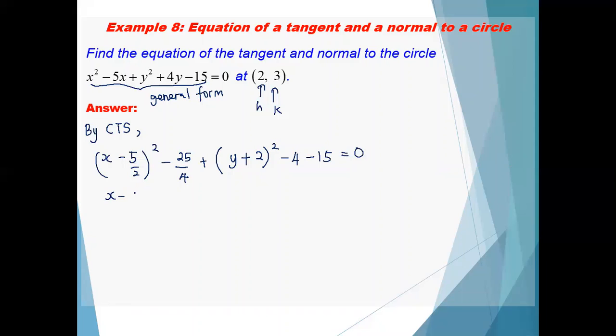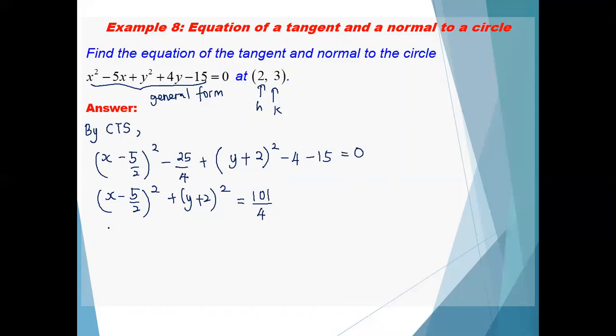So you simplify, so x minus 5/2 square plus y plus 2 square, minus 25 over 4, minus 4, minus 15, you got negative 101 over 4, so you bring to the right, that can be 101 over 4.